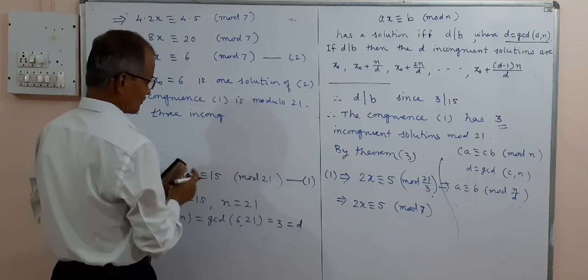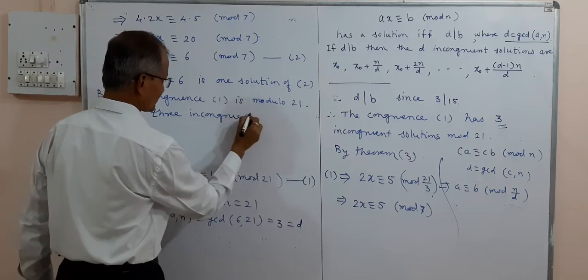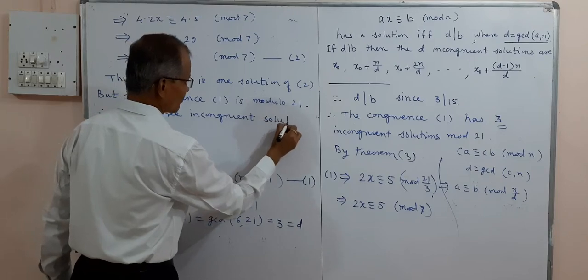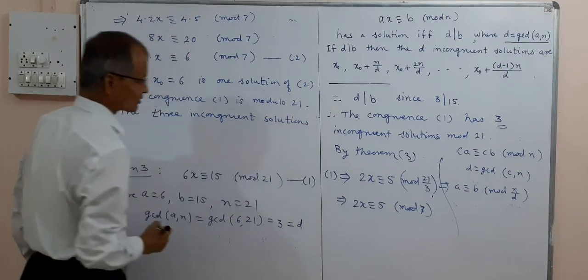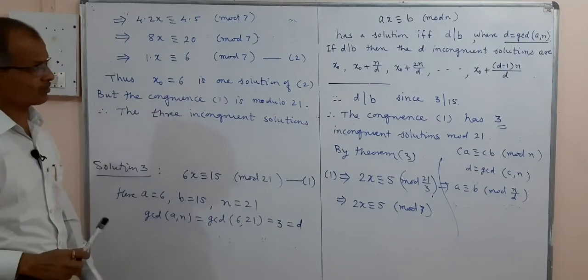Solutions of congruence 1. Incongruent is important. 3 incongruent solutions. The theorem gives incongruent solutions.